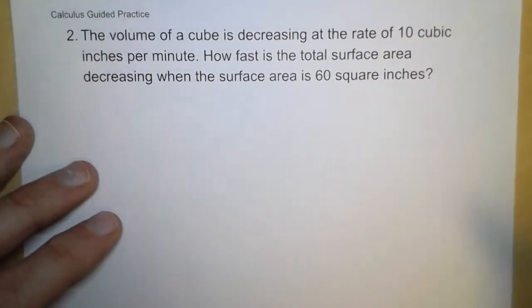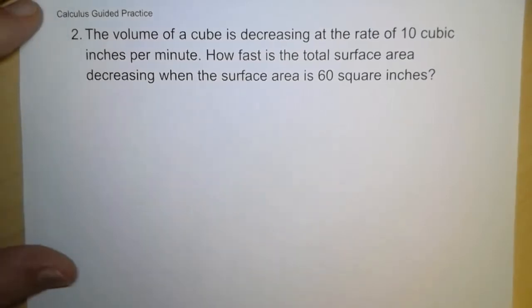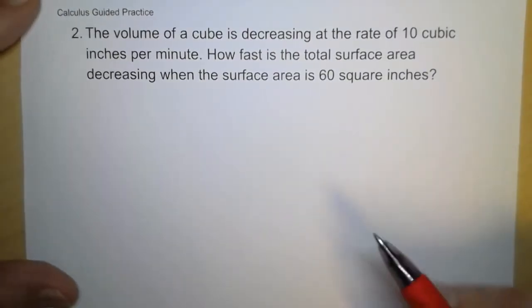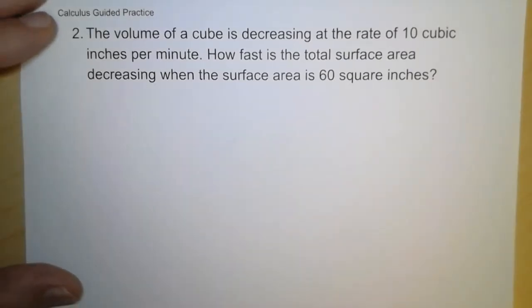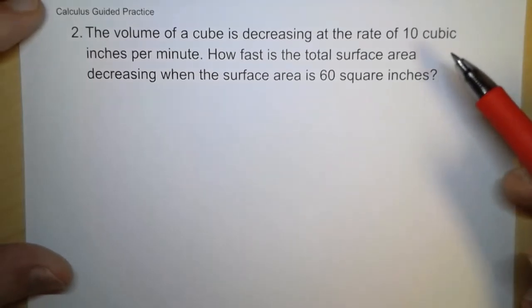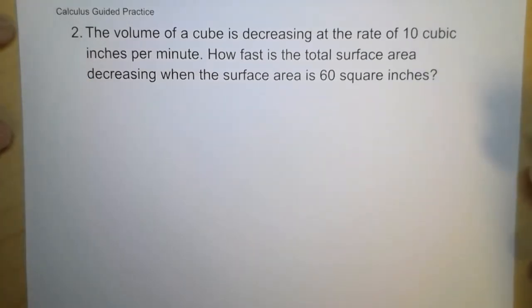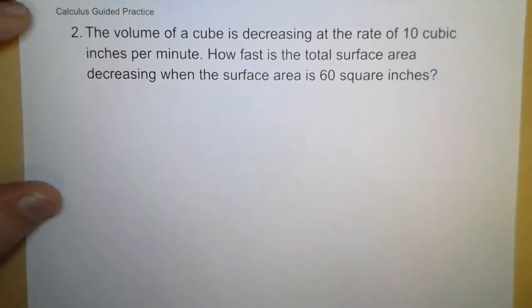With the next one, we have the volume of a cube, and it's decreasing at the rate of 10 cubic inches per minute. How fast is the total surface area decreasing when the surface area is 60 square inches? What we have here is two different quantities: the volume of a cube and the surface area of a cube.